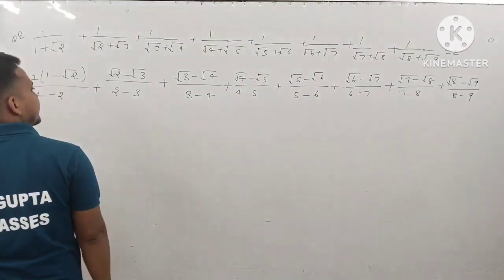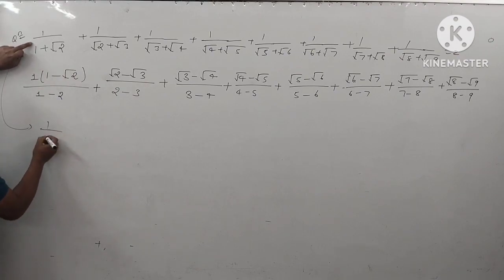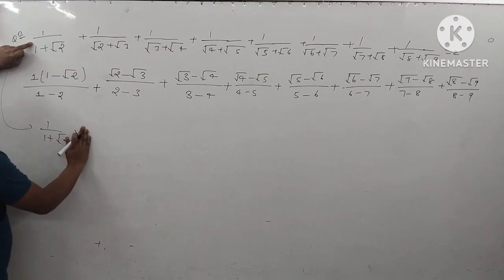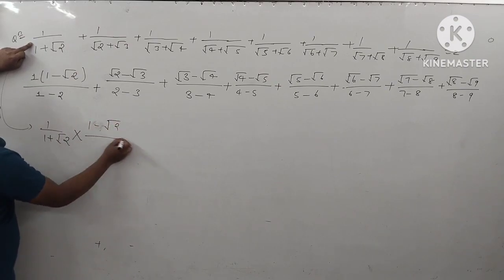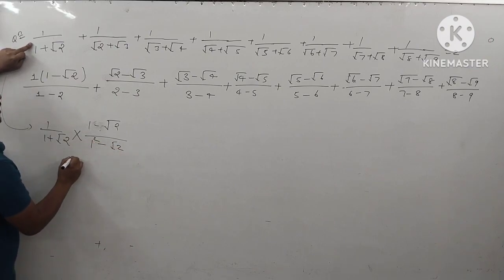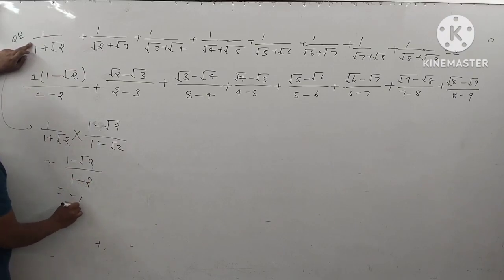You can write these types, and how? One term you can see 1 plus under root 2, okay, rationalizing the denominator: the plus sign changes, 1 minus under root 2, that means 1 minus under root 2 whole square, that is equal to, you multiply by 1 minus under root 2 divided by 1 minus root 2 of whole square, that is equal to root 2 of whole square, root 4, and square root of 4 is 2, that is equal to minus 1, okay.